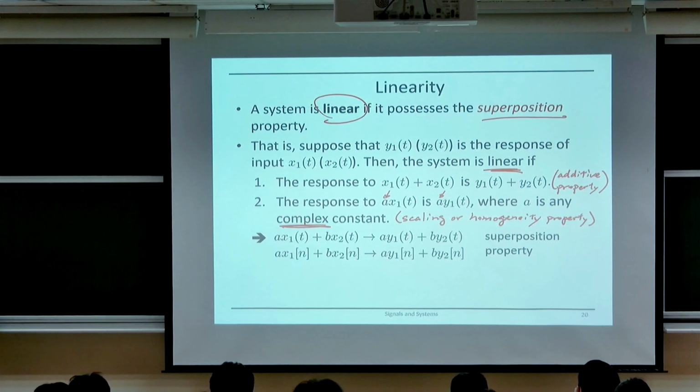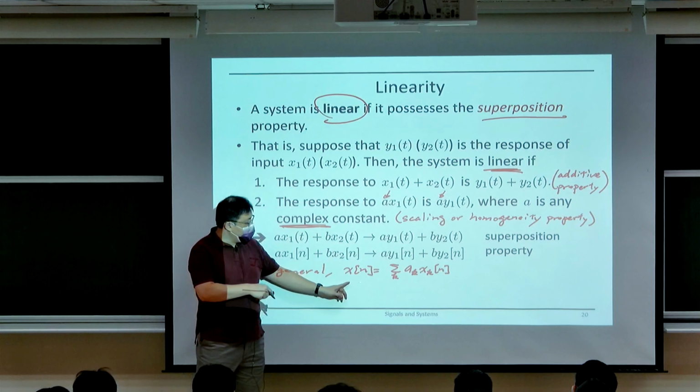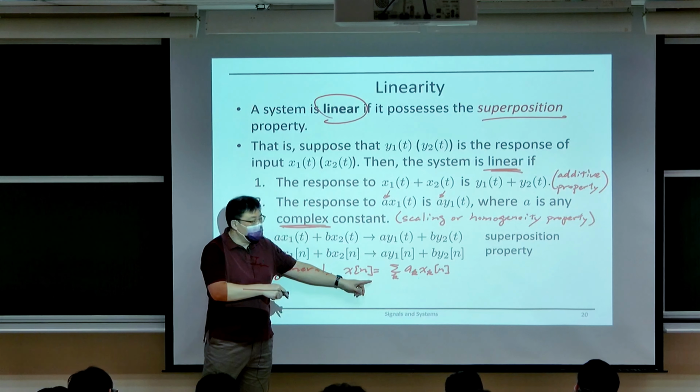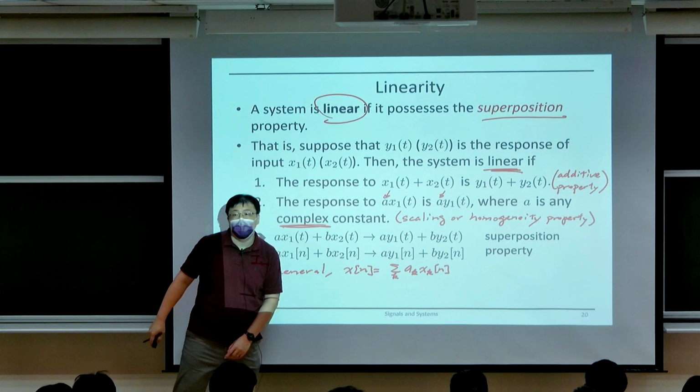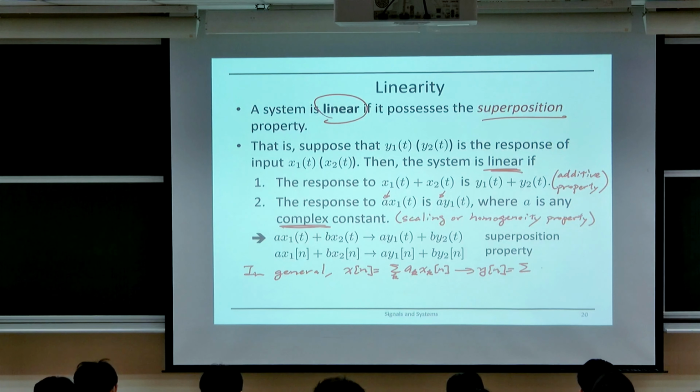So in general, if you have x[n] that is equal to a linear combination or a superposition of these different input signals, then the output y[n] should be the same superposition of the corresponding output signals.